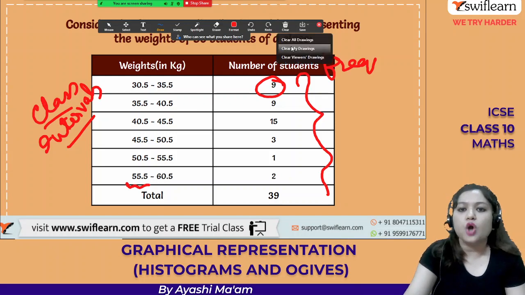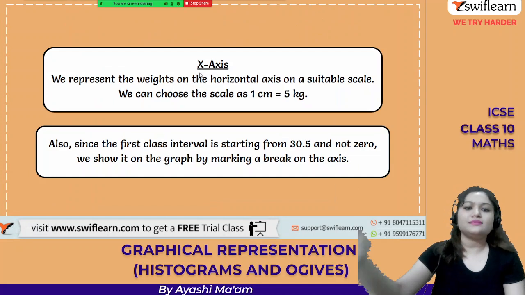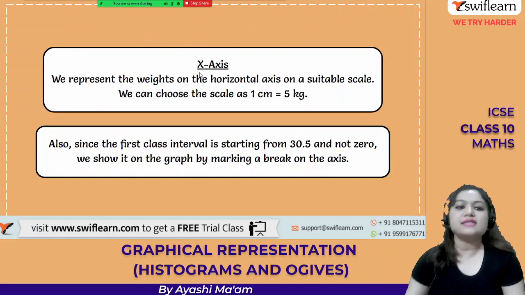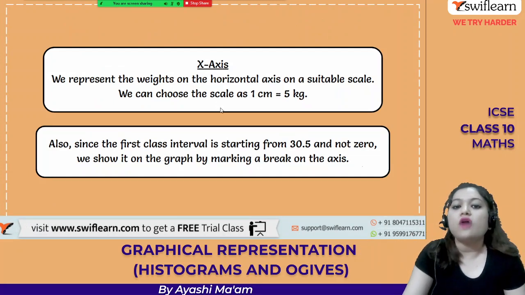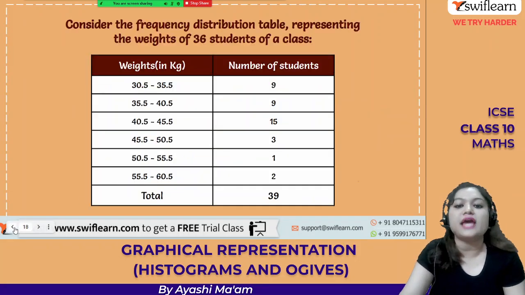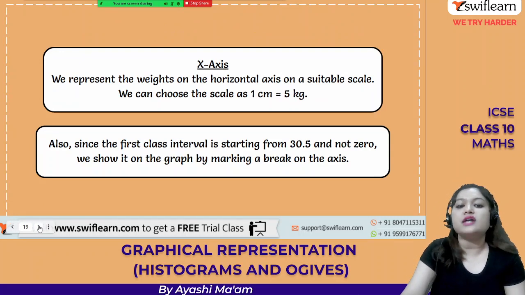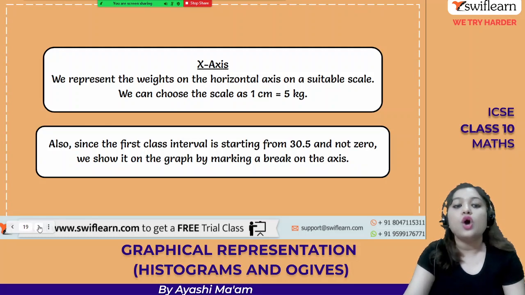Now how to plot this data on the histogram? On the x-axis, we represent the weights. On the horizontal axis, on a suitable scale, we can choose the scale as 1 centimeter equal to 5 kg. So here the weights we will be taking on the x-axis. Since the first class interval starts from 30.5 and not 0, we show it on the graph by marking a break on the axis.